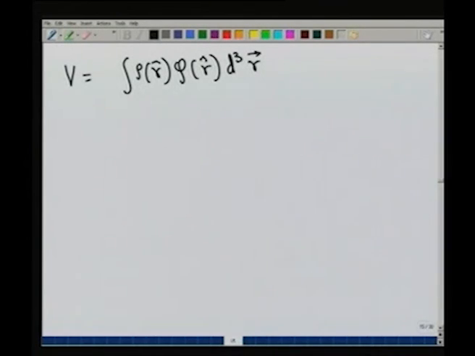And what is the potential due to the outer charge? The potential due to the surface charge density sigma 2 is constant.